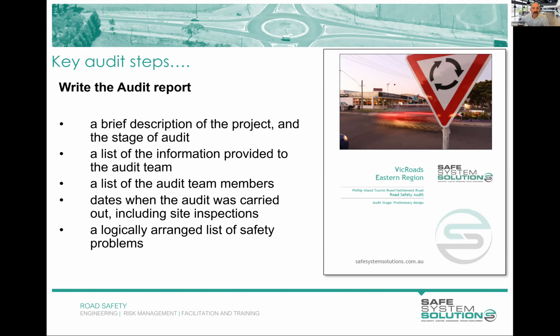You want a description of the project and the stage you're doing, and a list of the information you were provided. I cannot stress enough the importance of putting that with any designs that you get, especially. You need to put the number and the version and the date of that design into your audit.